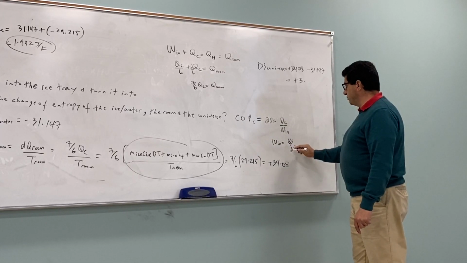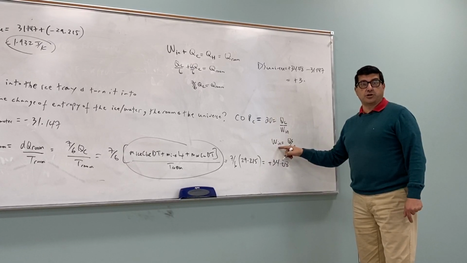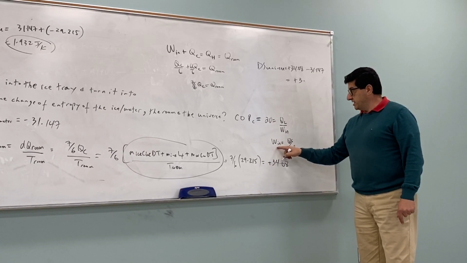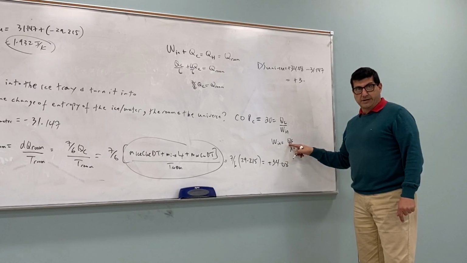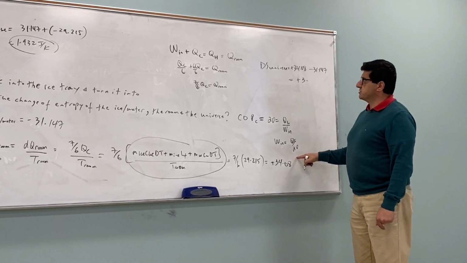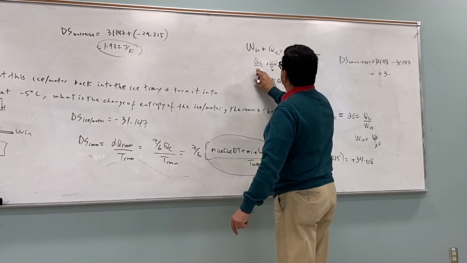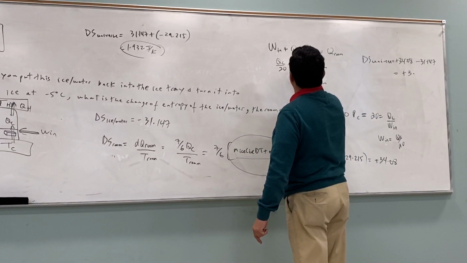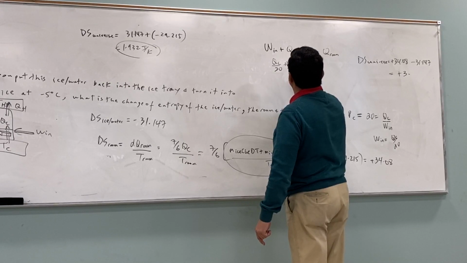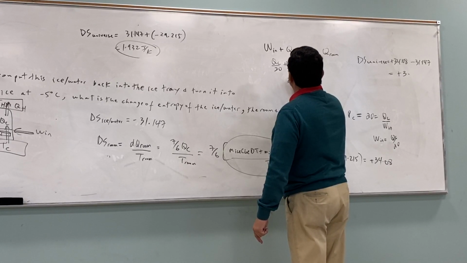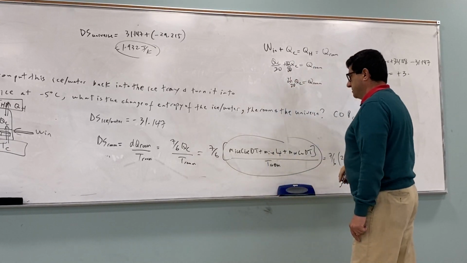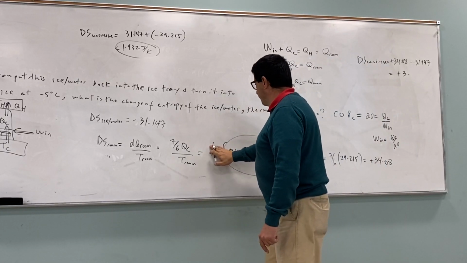Now you have to put in less work. That's actually good. You have to put in less work to extract this certain amount of heat from the ice. So that's a much better refrigerator. But if you put here 20, then what happens? 21 over 20. So now you get 21 over 20.